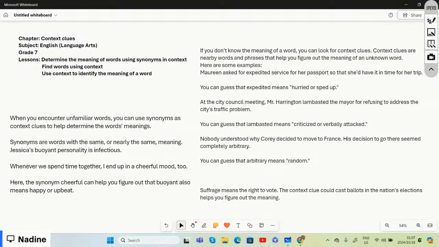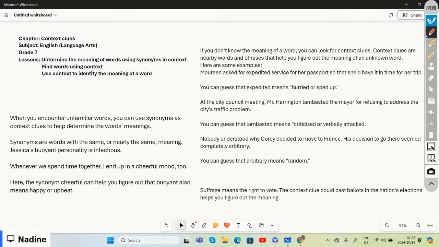So once again, if you don't know the meaning of a word, just look at the context clues. Look somewhere in your text, and you will find a word that is more familiar, and that will give you a better understanding of what the context of the sentence, the essay, or the story is all about.